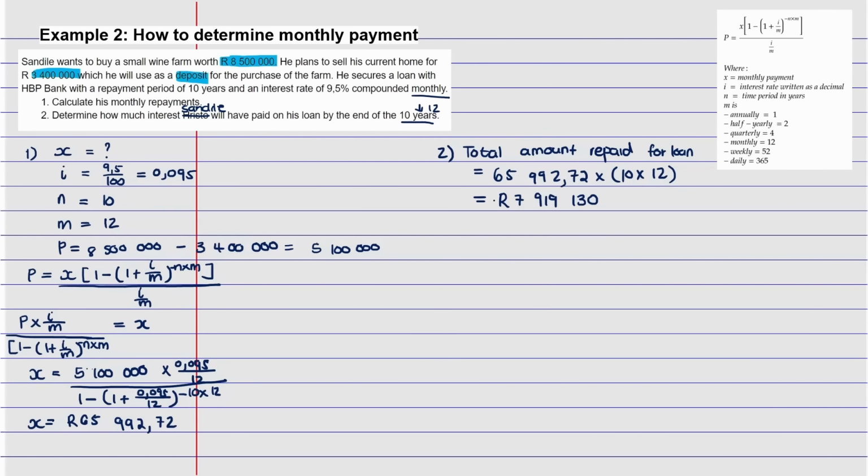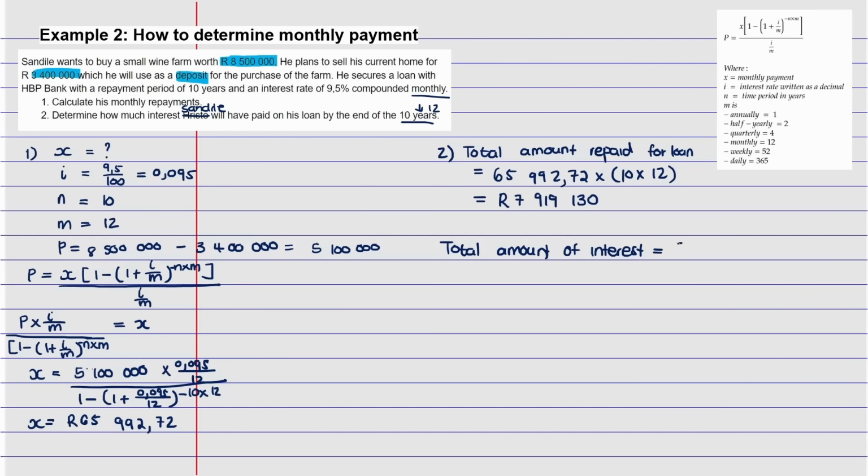Then now we want to calculate the interest. Remember, the total amount of interest is going to be equal to the difference between this one and the actual loan amount, right?